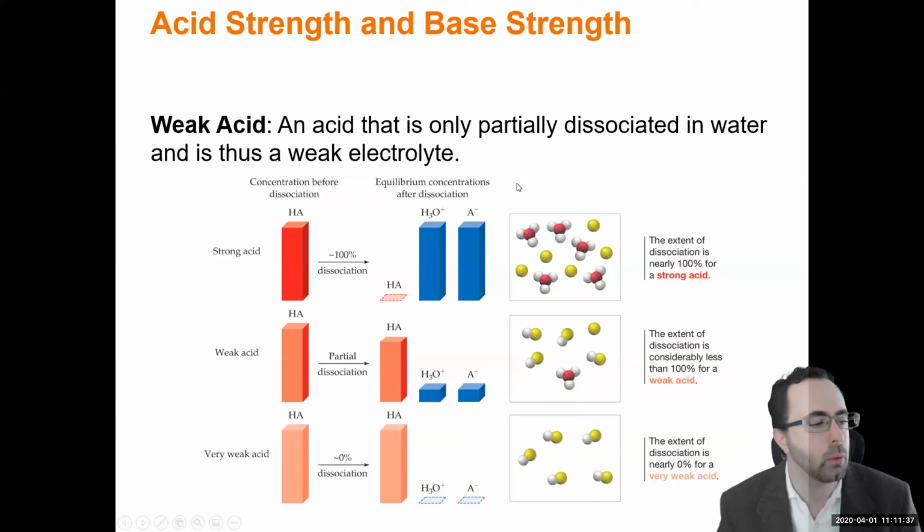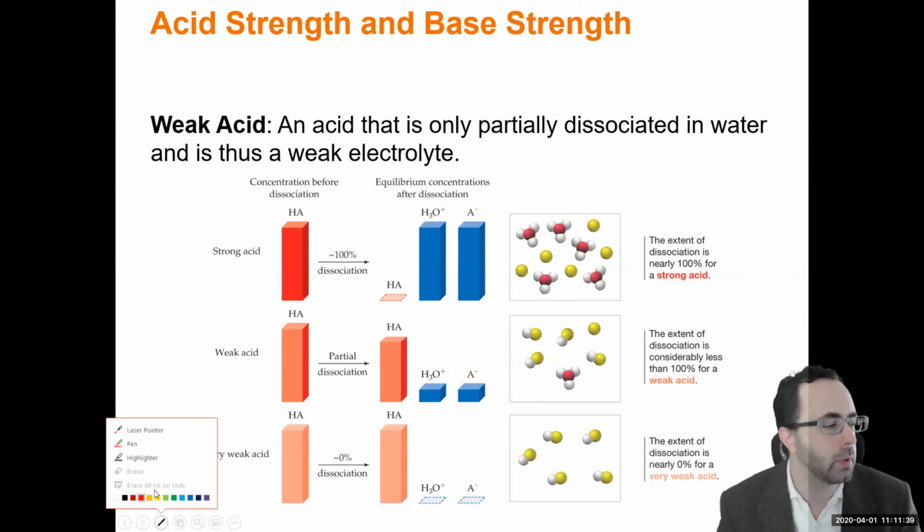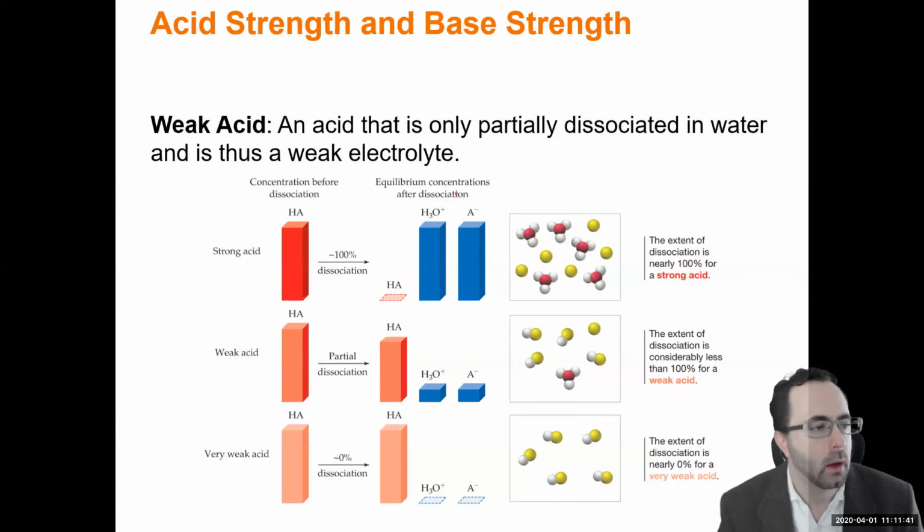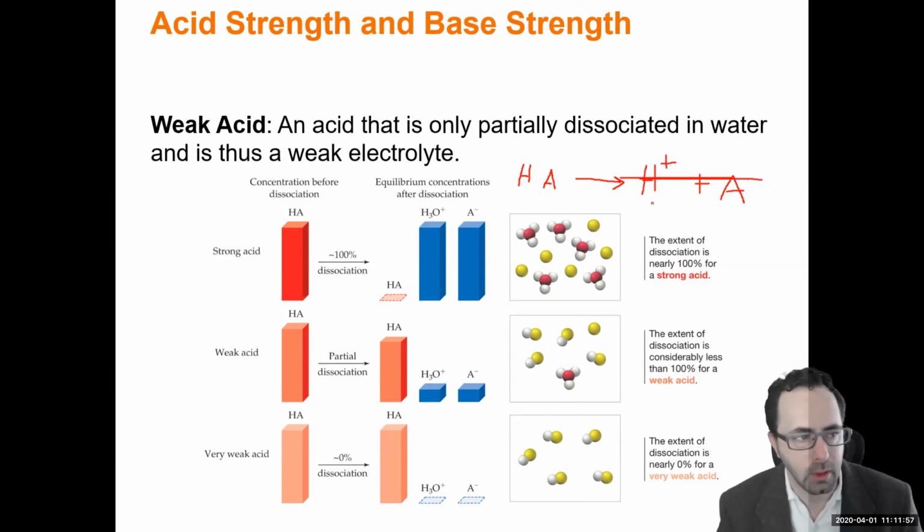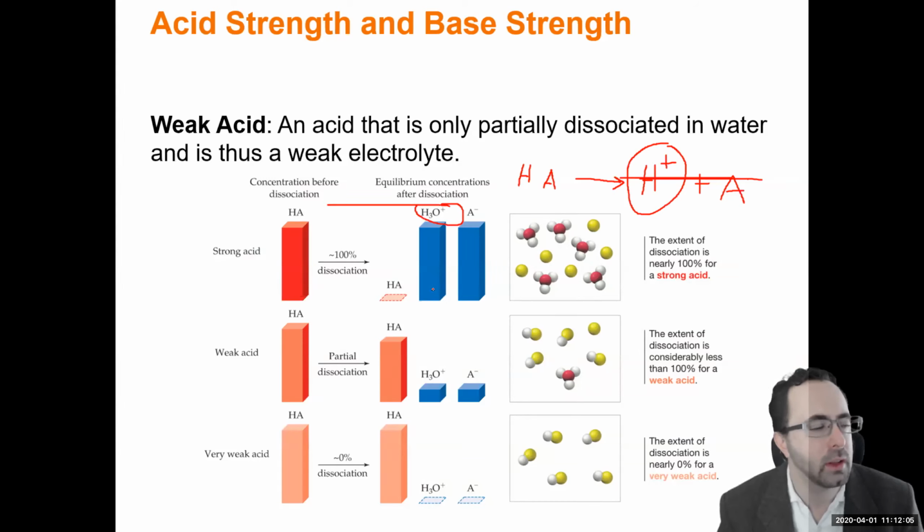So remember, another way to write this would be, here we could say HA goes 100%, so I'll write a one-way arrow, 100% separate into H plus and A minus. And remember that H plus and H3O plus are essentially interchangeable.